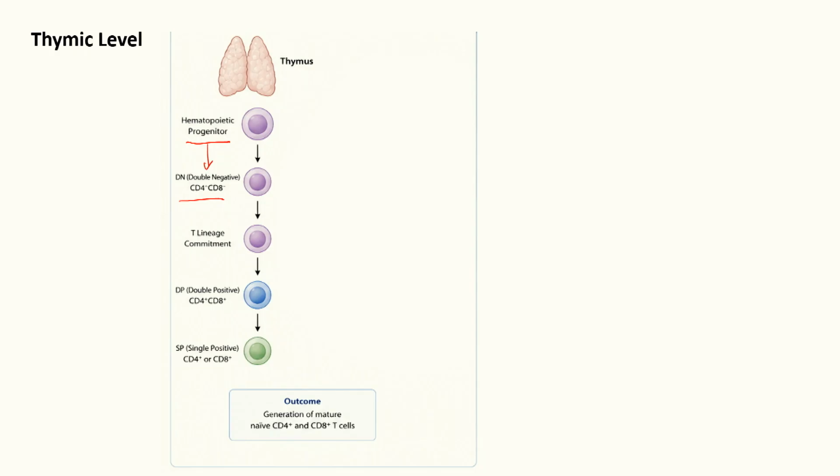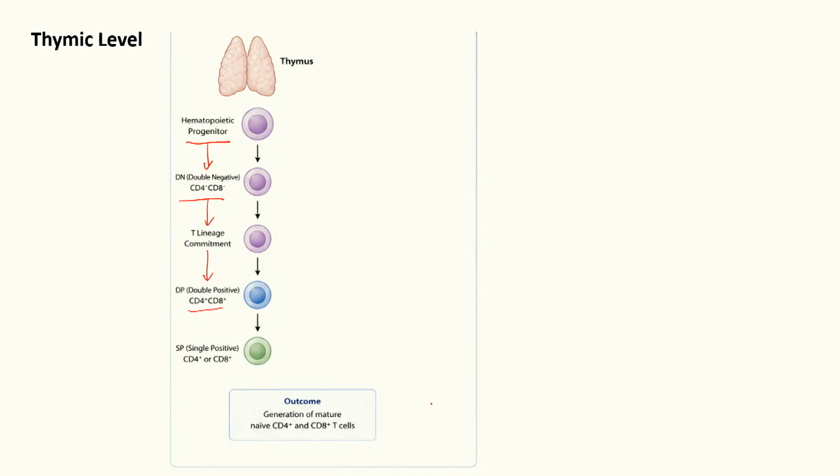This is just a process of development. There are multiple transcription factors regulated in order to make the cells double negative, and then there is a lineage commitment. After positive selection, we get from double negative to double positive, where we get CD4 plus and CD8 plus T cell populations at the thymic level.